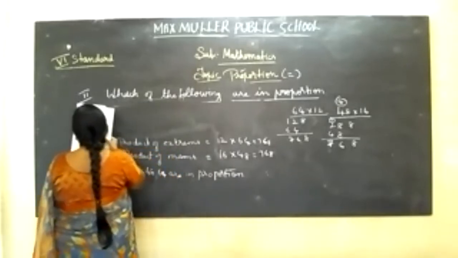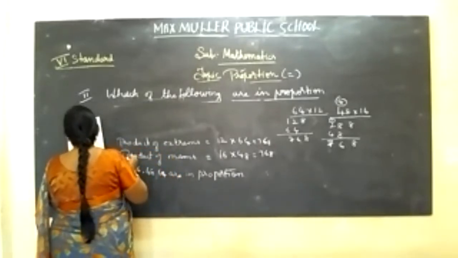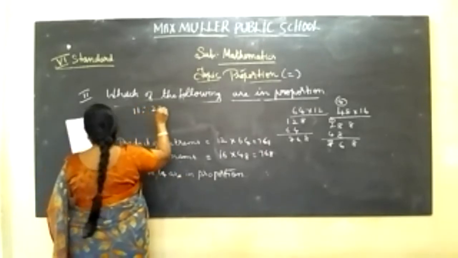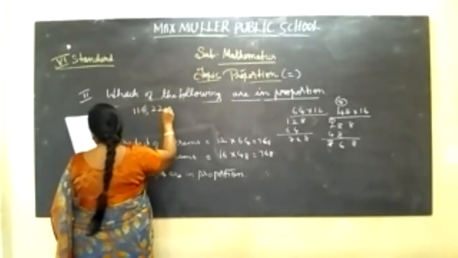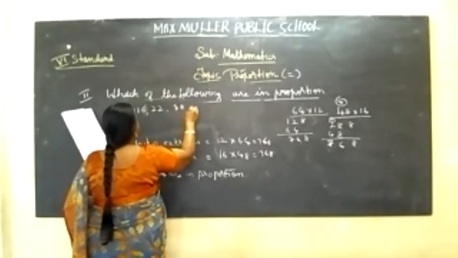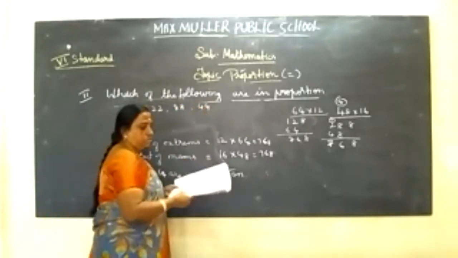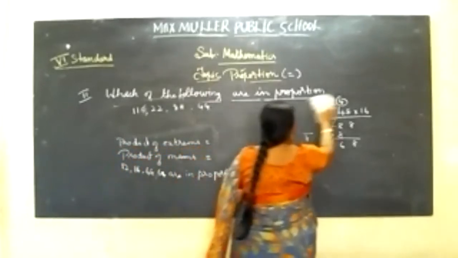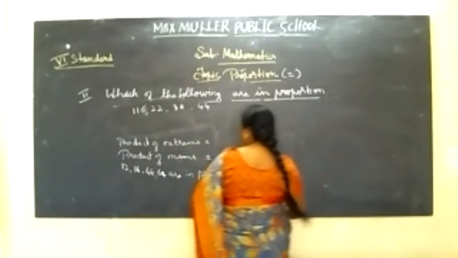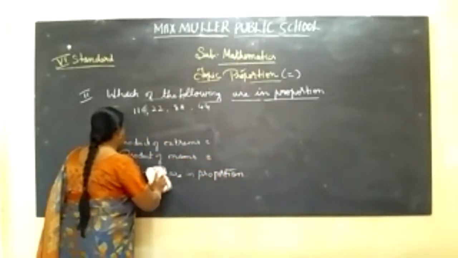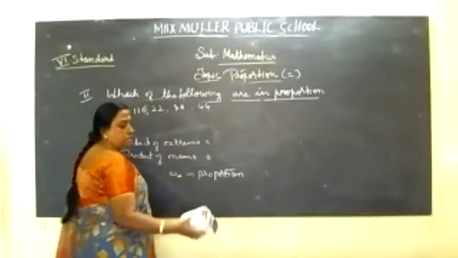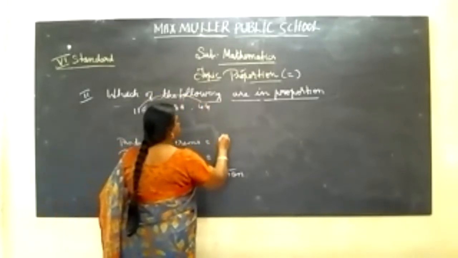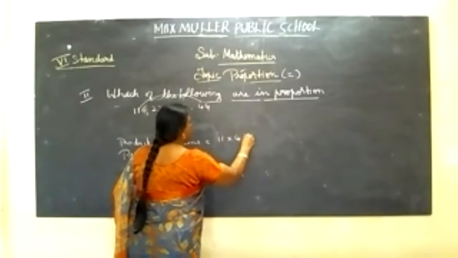Now here: 11, 22, 88 and 44. Okay, just I'll write these questions. Now, product of extremes: 11 and 44, 11 into 44.